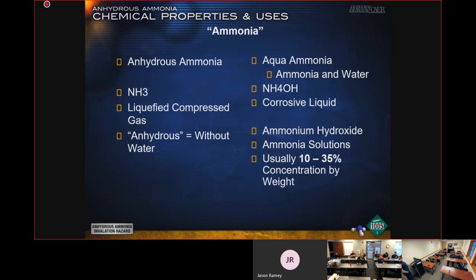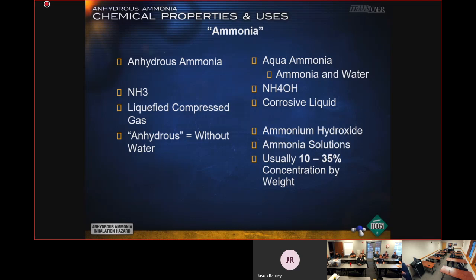Some of the different names, or classifications: it's anhydrous ammonia, NH3, a liquefied compressed gas. And what does anhydrous mean? It's on the screen there: without water. That's very important for a number of reasons, and we'll get into that. Aqua ammonia, ammonia and water, NH4OH, is the title for that. It is and can be a corrosive liquid.